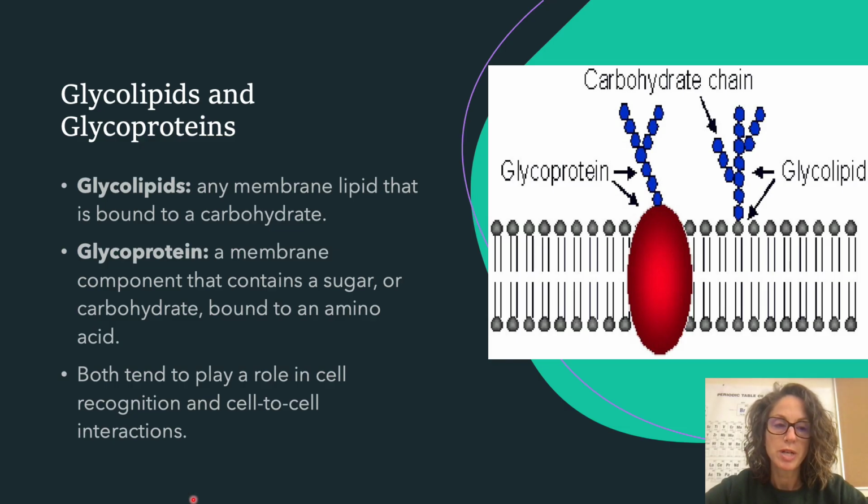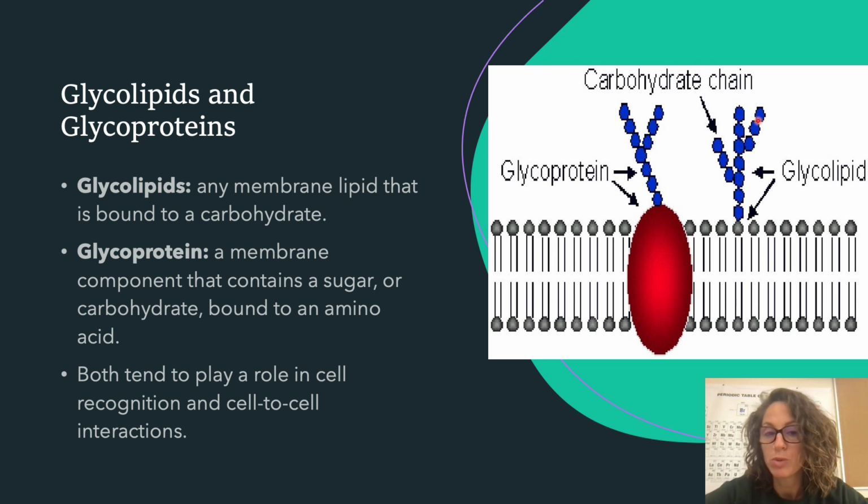There are two types of carbohydrates that we're going to talk about with the lipid bilayer, and the first one is glycolipids. This is where we have any membrane lipid, in this case right here, that has a carbohydrate attached to it. The carbohydrate chains are shown as little sugar molecules attached and branching.